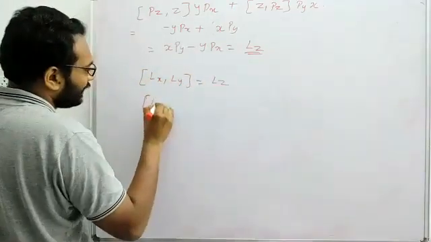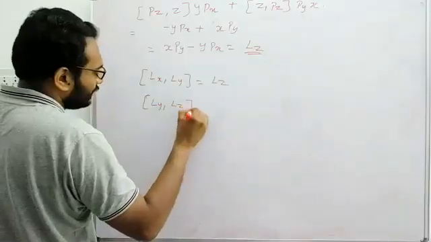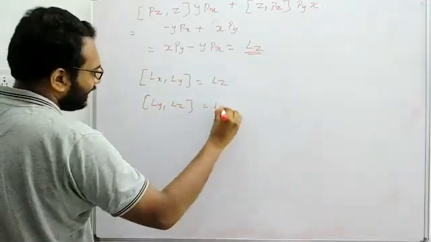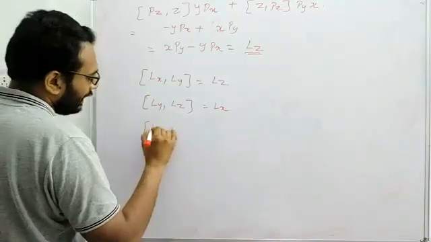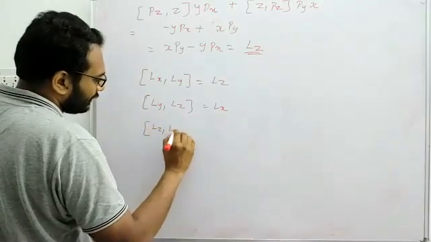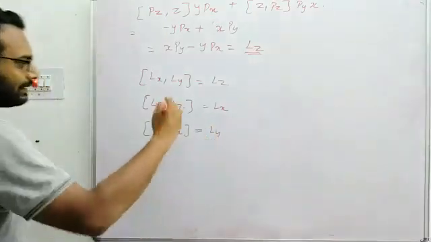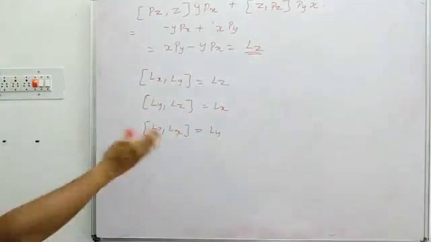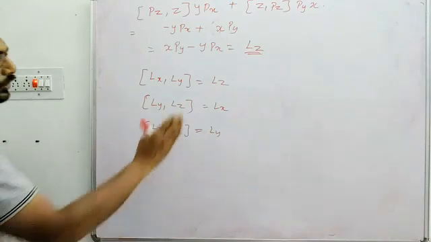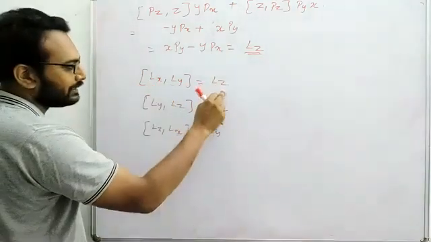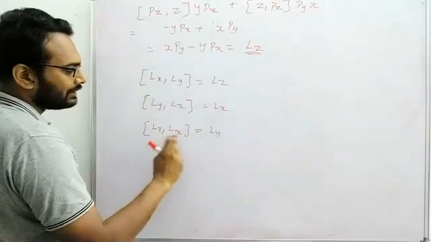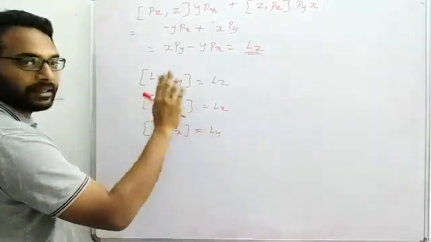Similarly, Ly with Lz is equal to Lx, and Lz with Lx is equal to Ly. These are the cyclic permutations. It's all plus: if it's xy, you get a z; yz, you get an x; zx, you get y. If they are the same, it's 0.